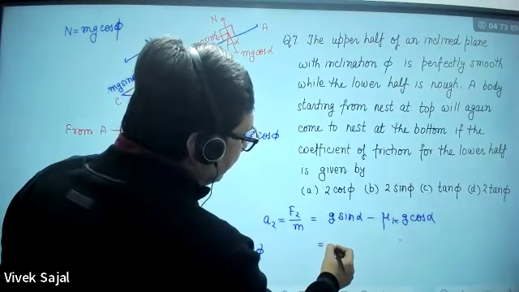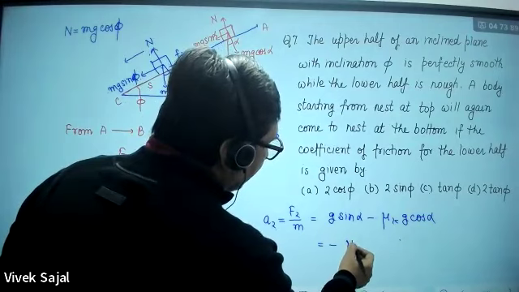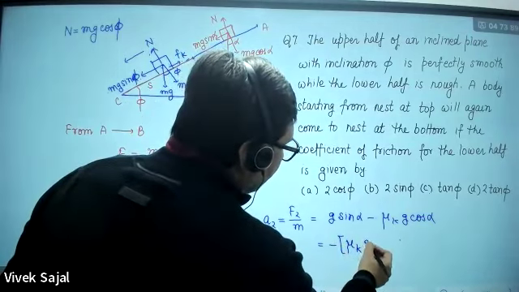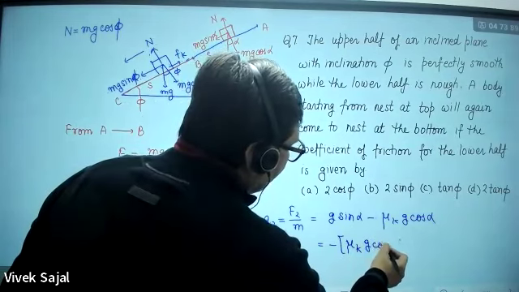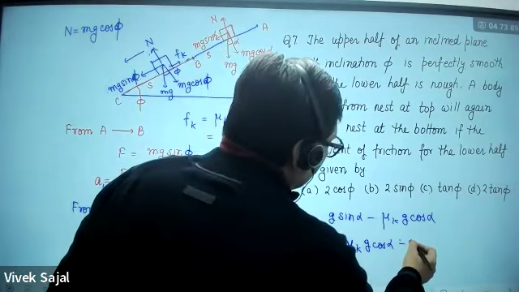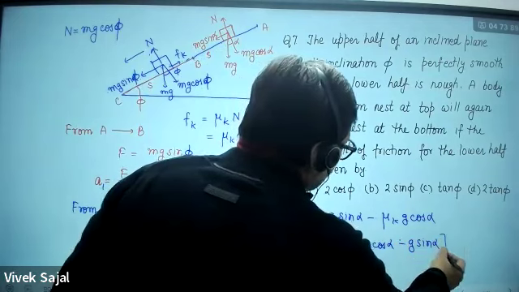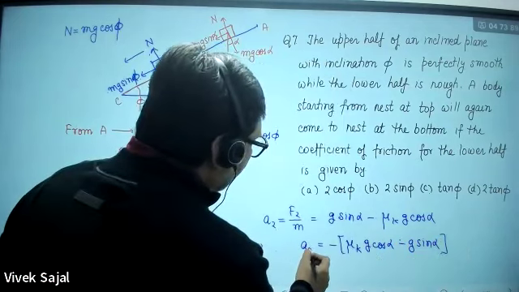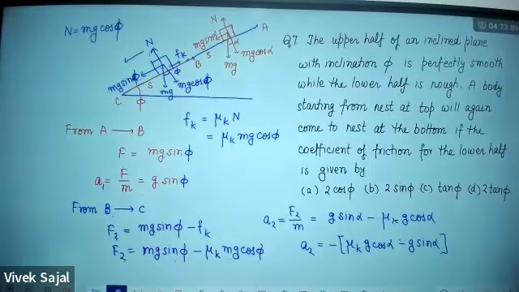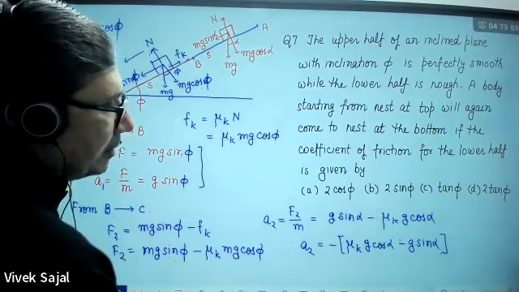So I can write minus mu k g cos alpha, which will be greater as compared to g sin alpha. So A2 is actually deacceleration, and this is acceleration. This part is for accelerated motion, this is for deacceleration.